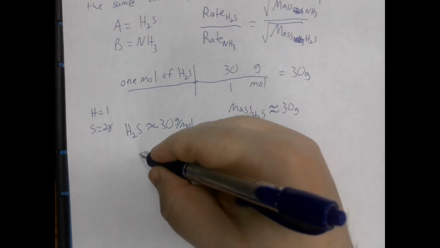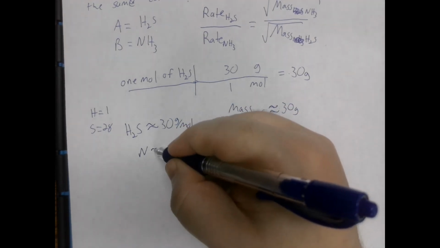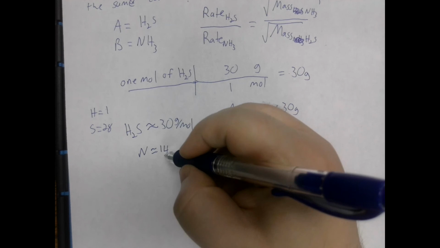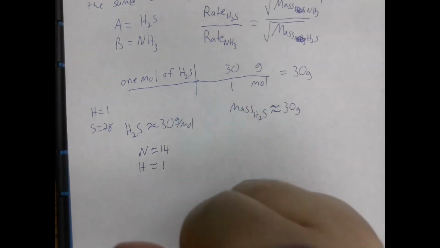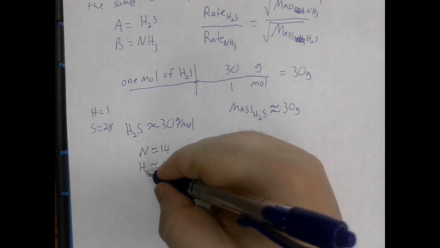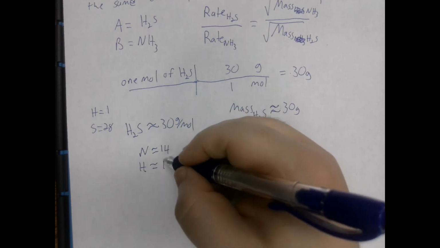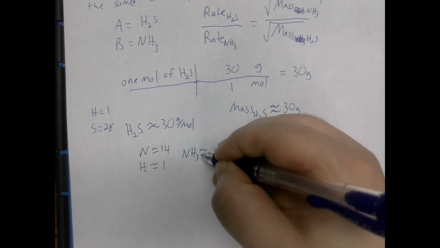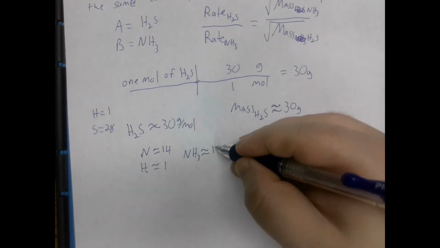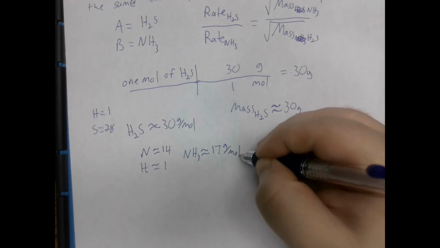So NH3: nitrogen is roughly 14, hydrogen is roughly 1. We have 3 hydrogens, so that'd be 3 plus 14. So NH3 is roughly 17 grams per mole.